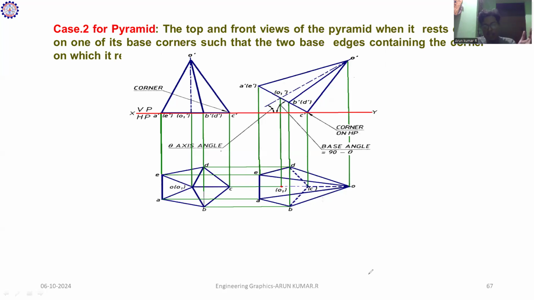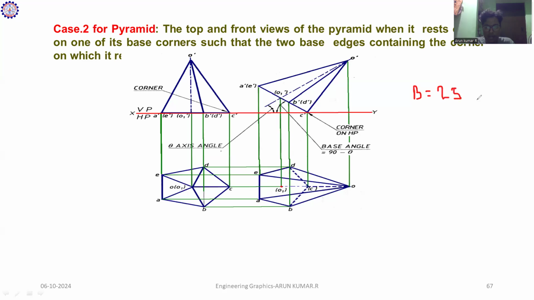Whenever you go for an engineering drawing, you have to understand the concept, and it is very important to know what data is given for your problem. Here there is no data for this problem, so I have to assume certain data. First, I assume the base edge is 25 mm.